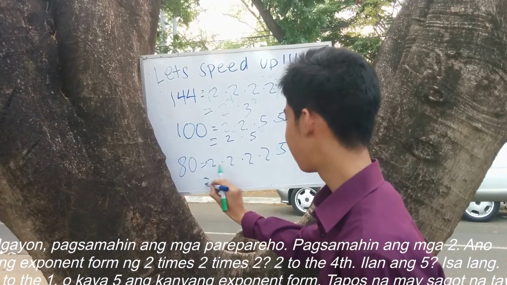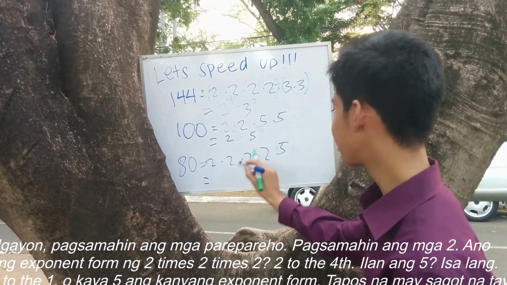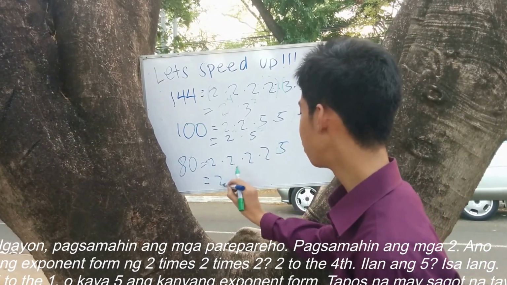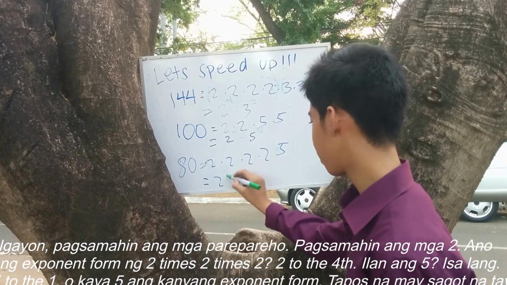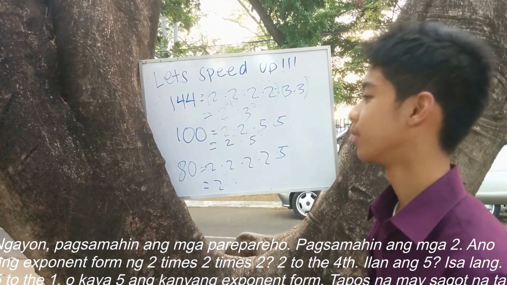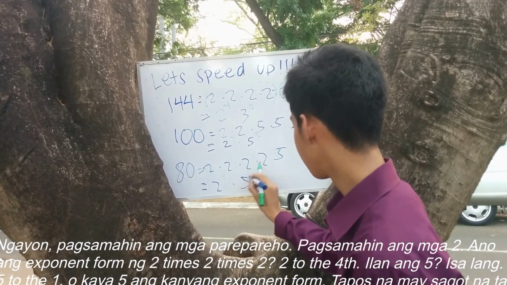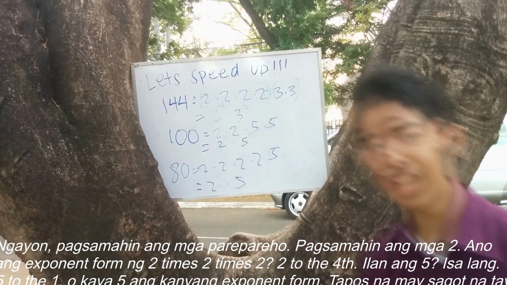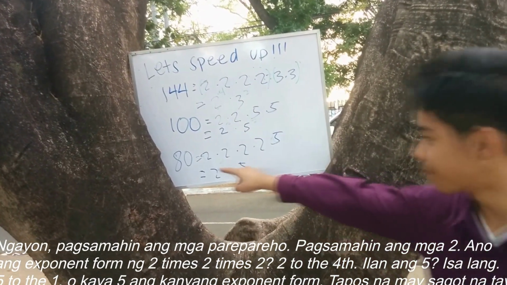What's the exponent form of 2 times 2 times 2 times 2? We know it's 2 to the 4th. Now what's the exponent form of 5? It's 5 to the 1, or simply 5. So now we have arrived with the factored form of the final number 80.